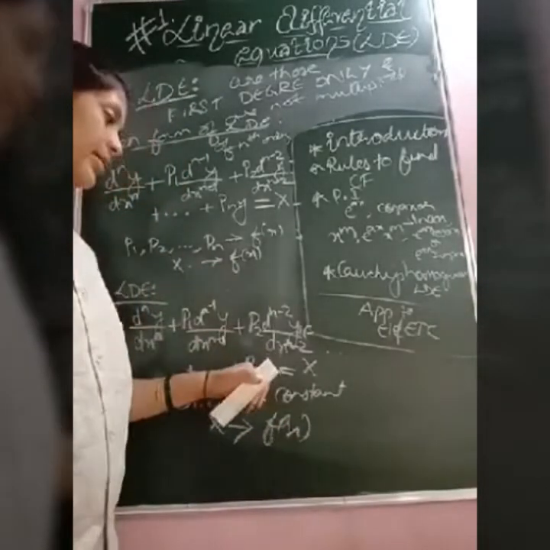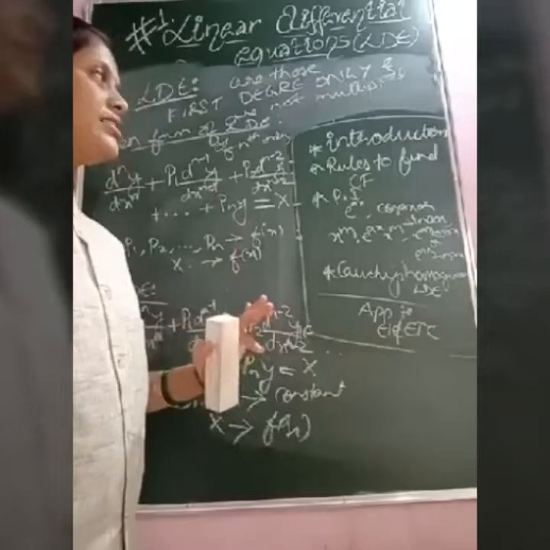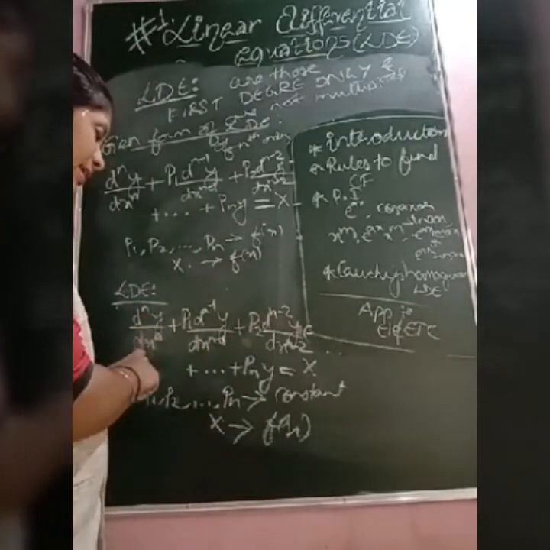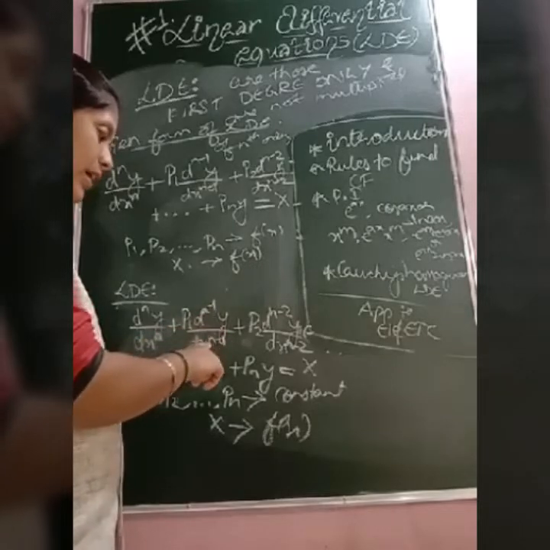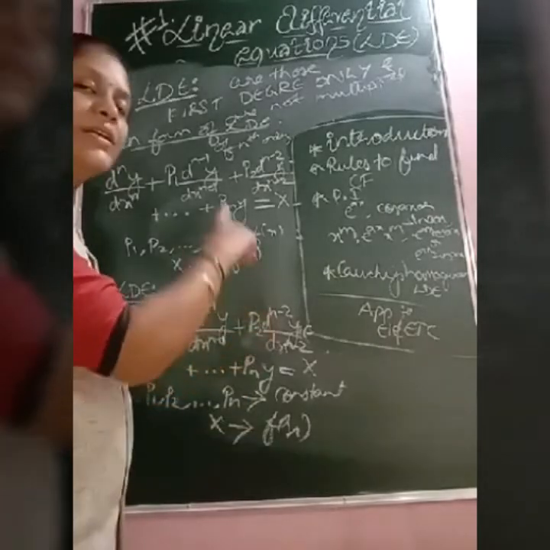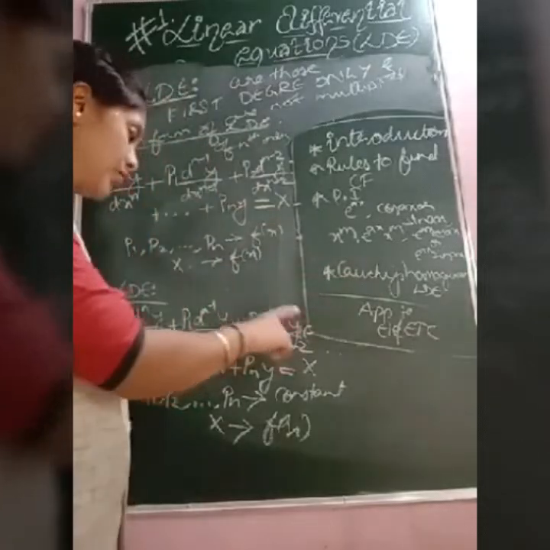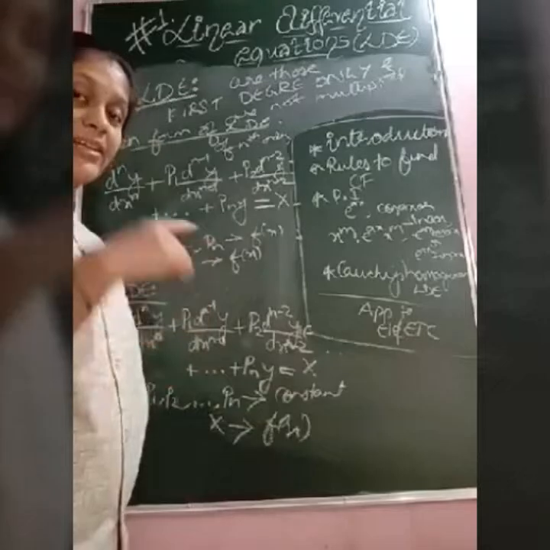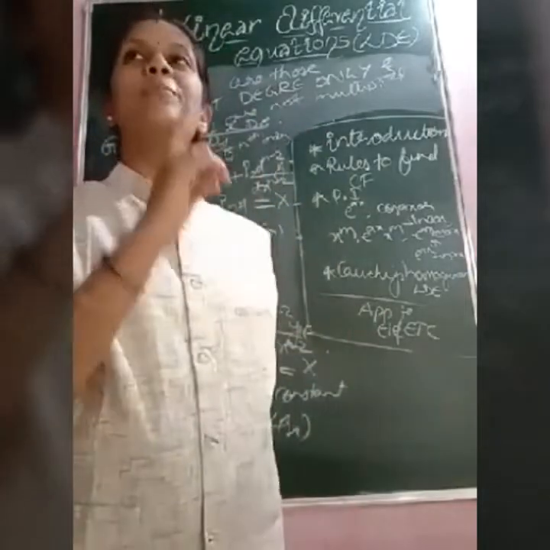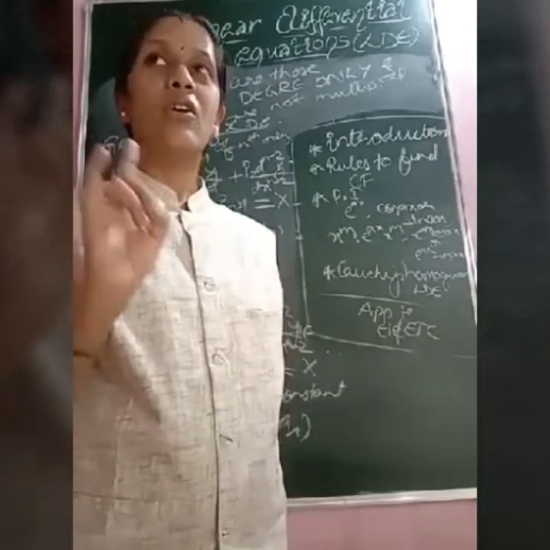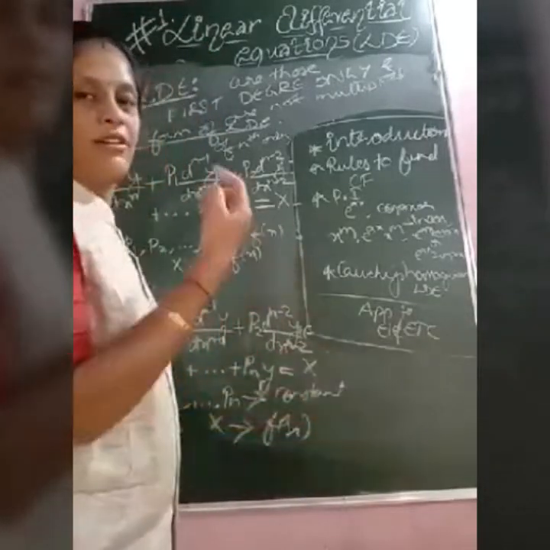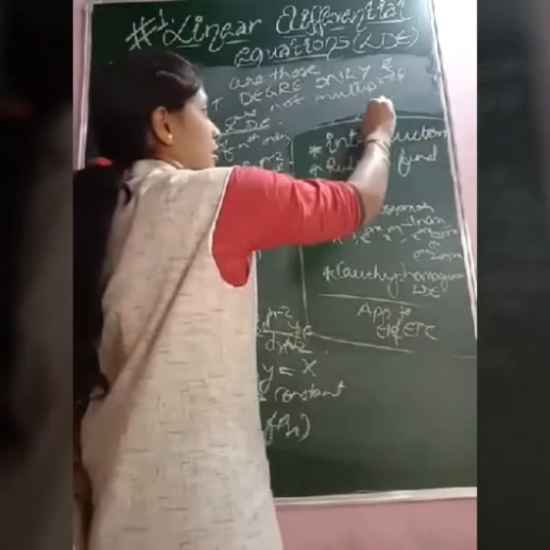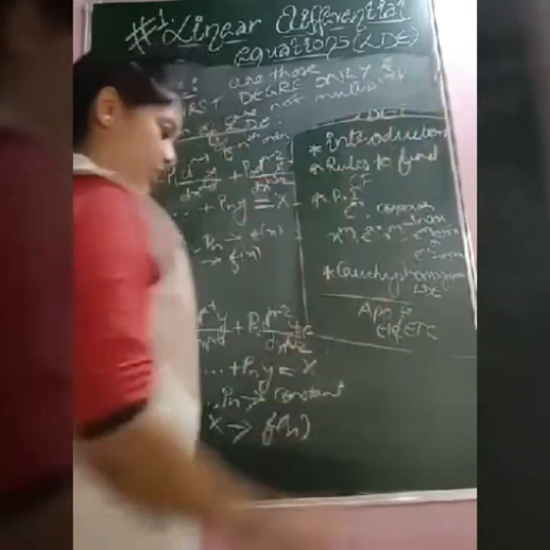So this is the general form: d^n y by dx^n plus p1 d^(n-1) y by dx^(n-1) plus p2 d^(n-2) y by dx^(n-2) plus and so on, plus pn y equal to capital X, where p1, p2, and so on up to pn are constants and X is a function of x. This is the definition of linear differential equation with constant coefficients.